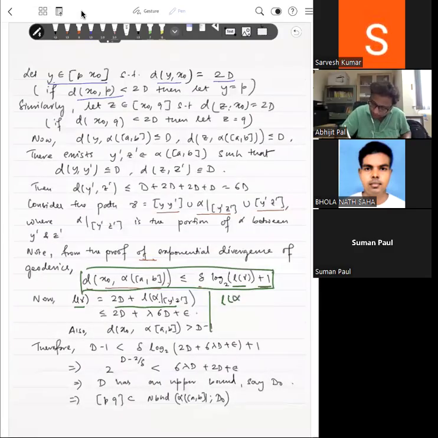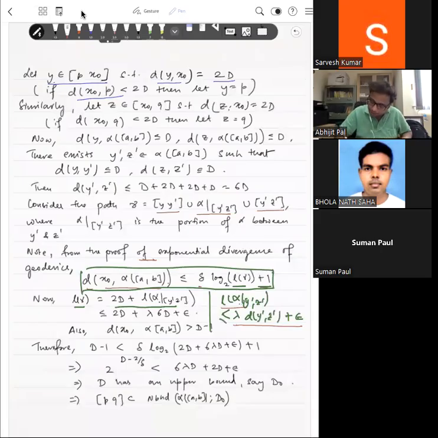Then the length of alpha restricted to y prime z prime is less than or equal to lambda times the distance between y prime and z prime plus epsilon.